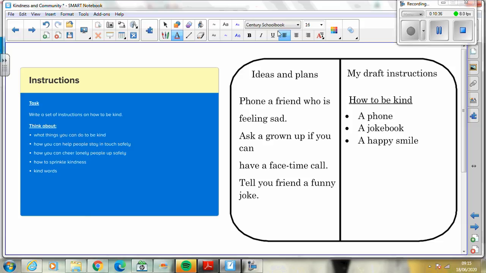Now, writing instructions, there's some really specific rules. And we do use conjunctions a lot when we write instructions because we need to include steps. So first, think of a friend who needs cheering up.